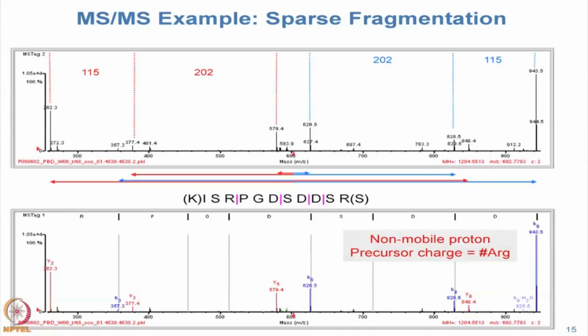So the best we can do is we can tell that there's some symmetry there. We have at least one mass gap that is consistent with an amino acid, and then there are a couple of combinations of amino acids that will add up to 202, okay? When you search a database, this is the only peptide that will be consistent with all of that information. Okay.